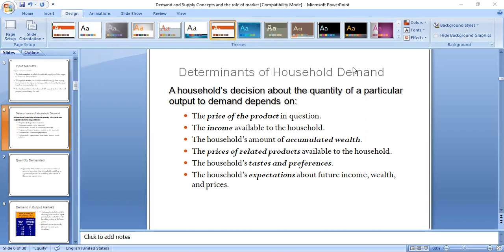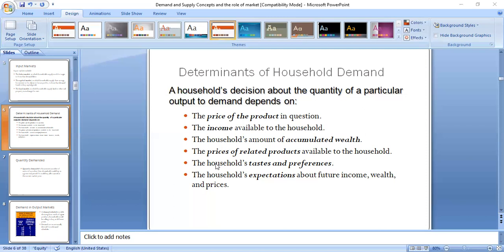Complementary goods are goods that work hand in hand, for example car and fuel. You cannot drive a car without using fuel, right? So for complements, they have a negative relationship. For example, if the price of cars increases, the quantity demanded for fuel will definitely reduce, because if you cannot afford to buy a car, how will you be able to buy fuel, right? So with complements, they have a negative relationship.